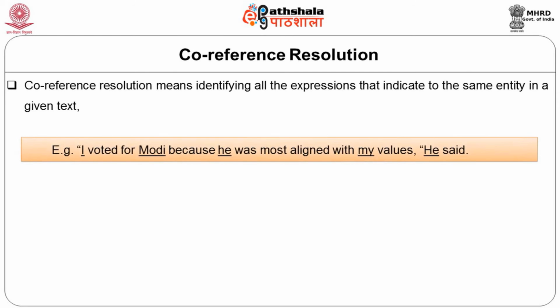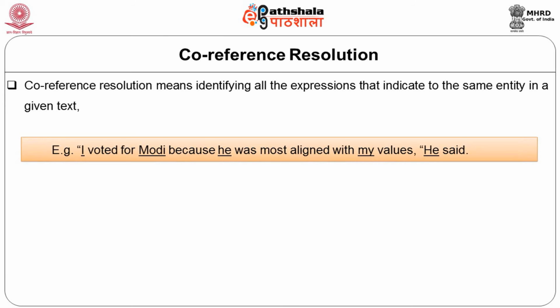I voted for Modi because he was the most aligned with my values. He said so and so. When we look closely at this statement, suppose it is on the internet, say in social media, and the IE system is trying to understand the named entity here.